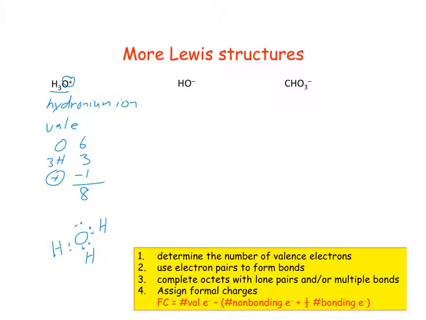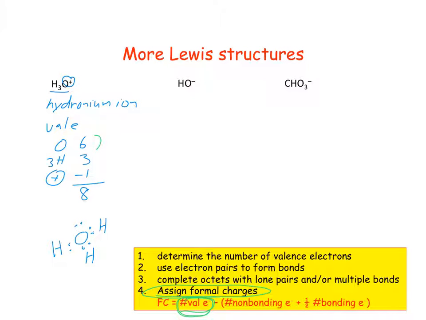So what we're going to do is calculate what's called the formal charge in order to know where that charge goes. Okay, so here's the formula for calculating formal charge. Basically what this does is it compares the number of valence electrons that the atom has when we do our count up here.